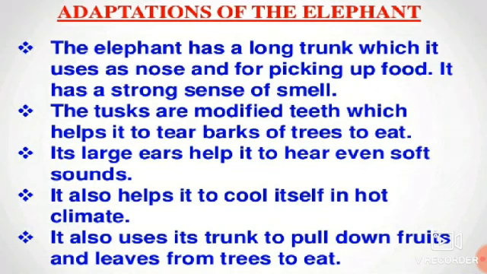The tusks are modified teeth which help it to tear bark off the trees to eat. Its large ears help it to hear even soft sounds. They also help it to cool itself in hot climate. It also uses its trunk to pull down fruits and leaves from trees to eat.